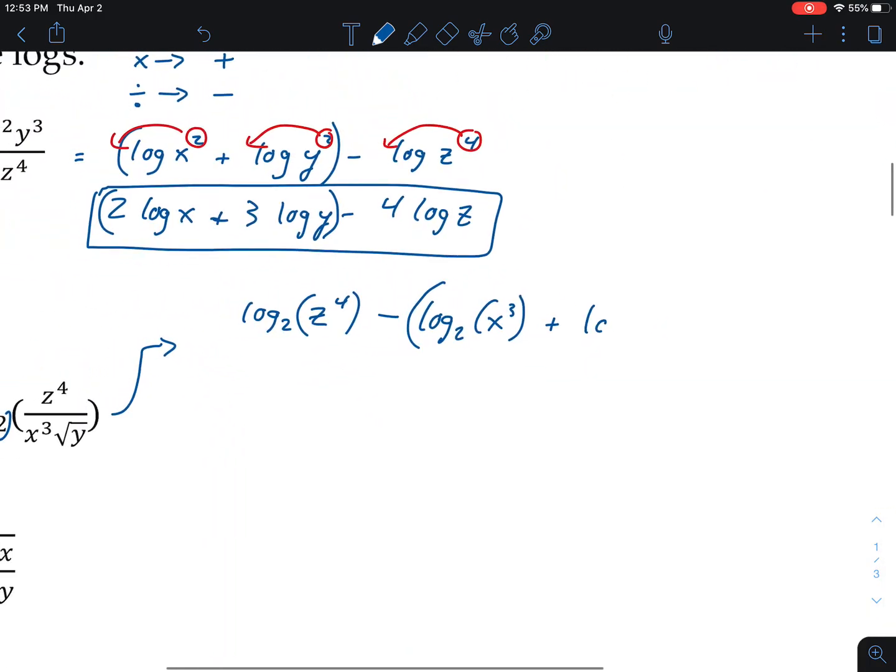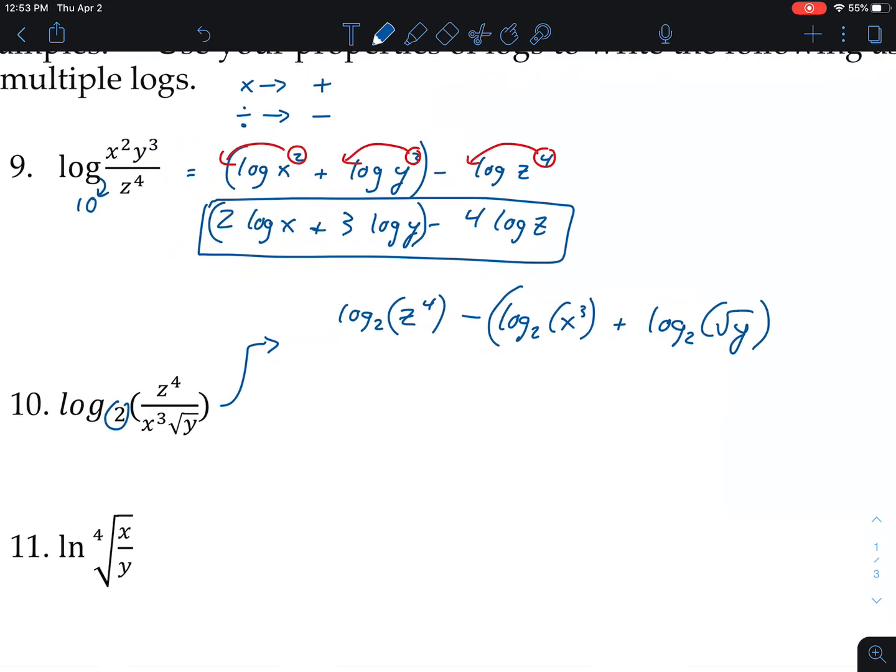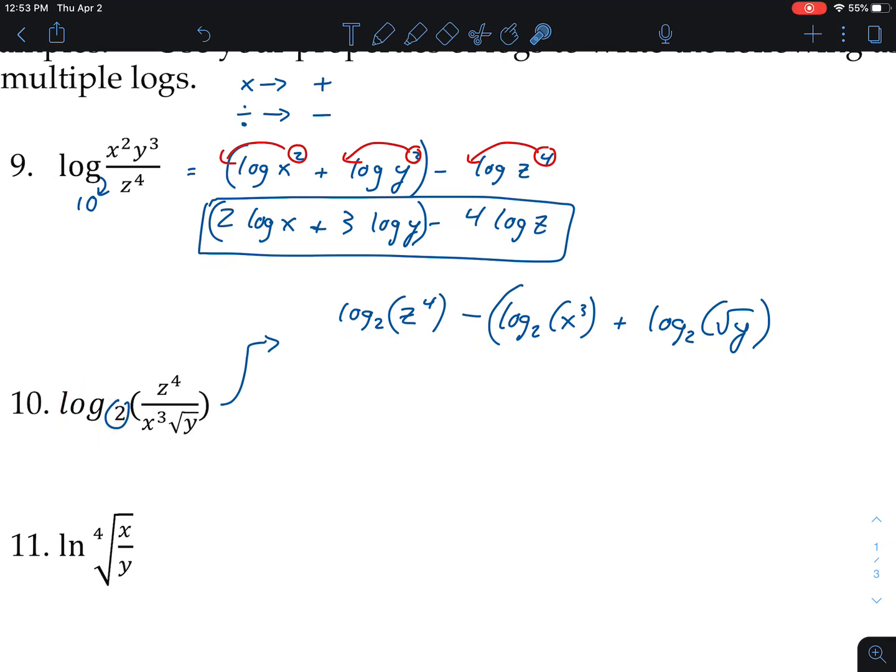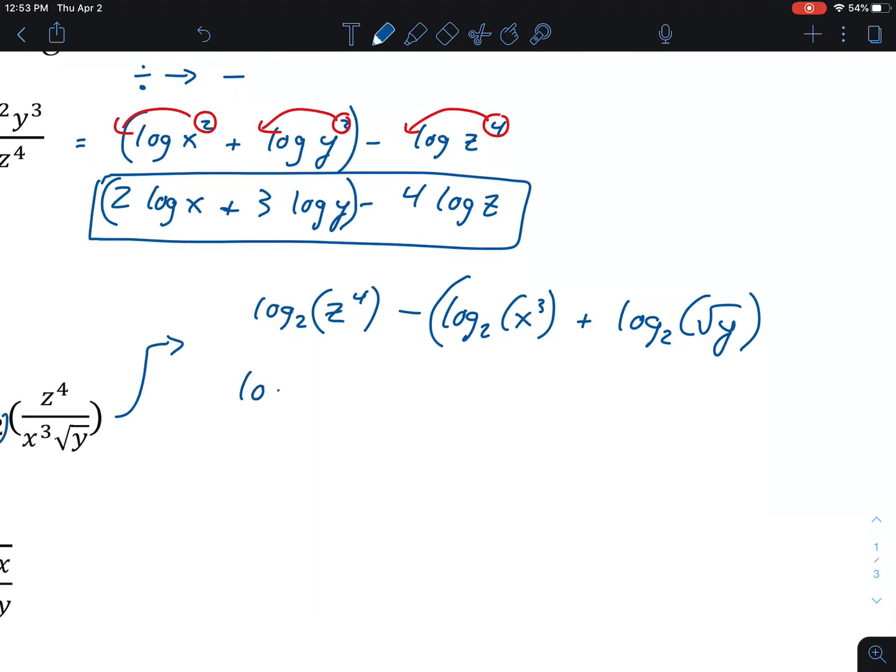And we had log base 2 of radical y. Okay, so here's my log base 2 throughout. Z to the fourth is first, and then we have minus these two things multiplied. So there's my plus. Okay, log base 2, the 4 goes out in front.